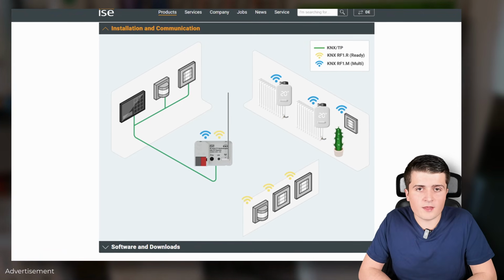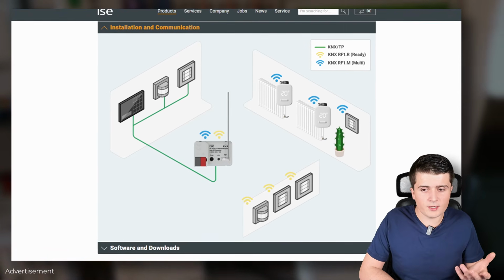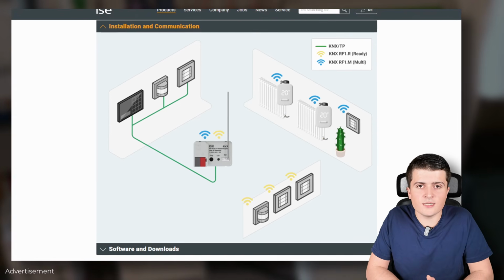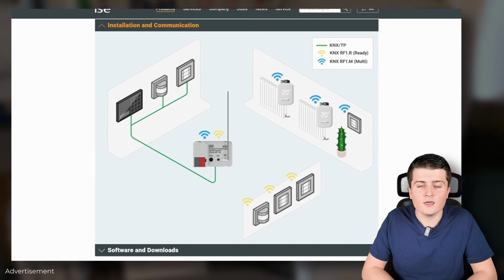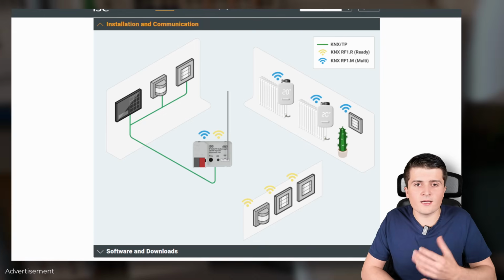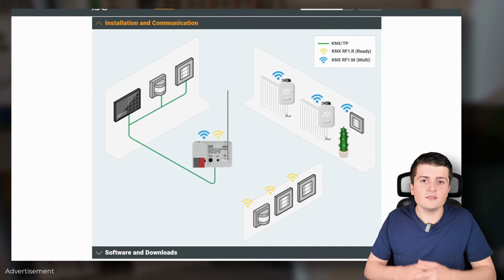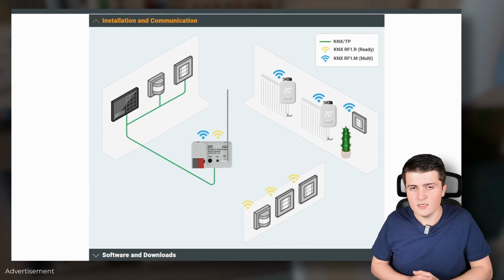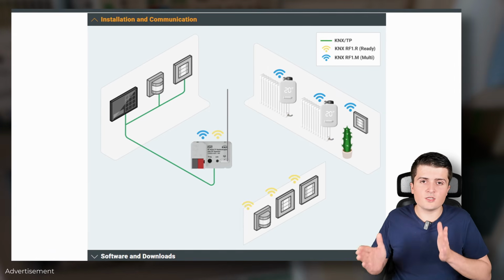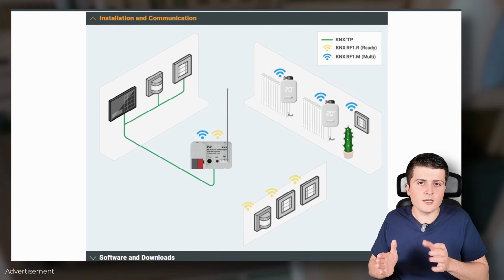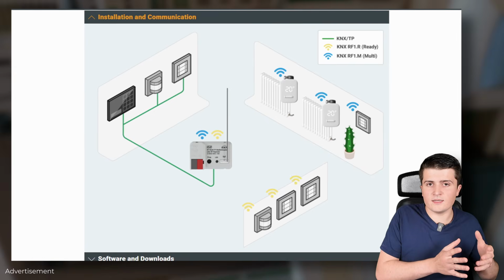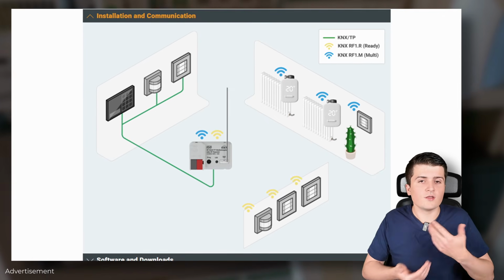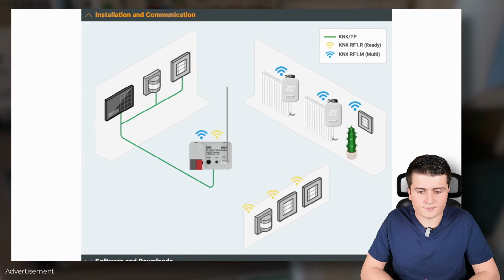What this media coupler then does is that it connects your twisted pair installation to the RF Multi network. It also opens up the RF Multi network via the domain address. And an additional feature is that it also supports secure proxy. So that means that you can have a secure KNX RF Multi communication and then an unsecure KNX twisted pair installation. So this is how you can combine it.